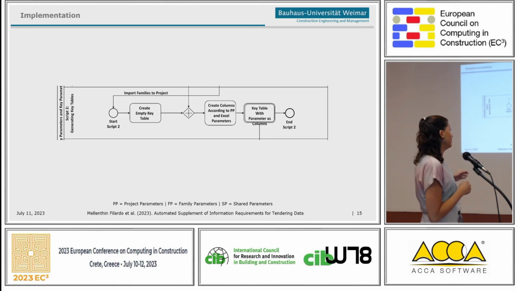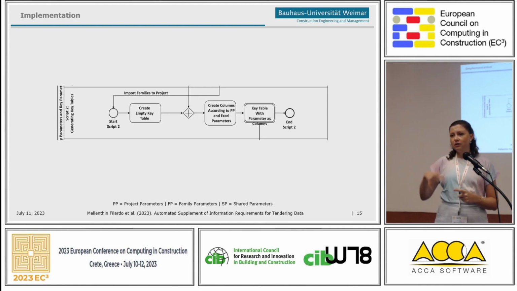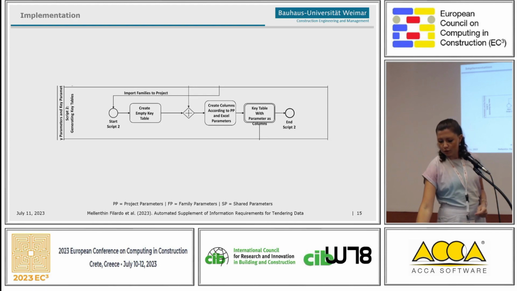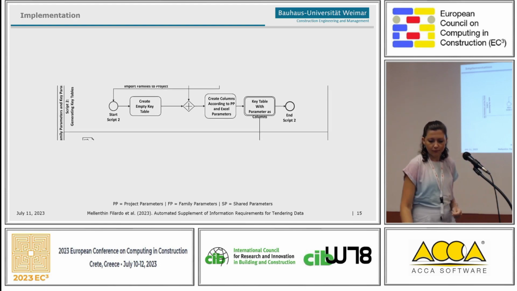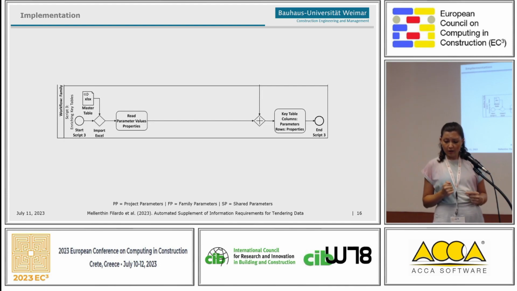That's how the key tables are created. They are empty, and then they are populated from one of the other spreadsheets that we have. And then in the end, we enrich the tables, and the columns are the parameters and the rows are the properties.